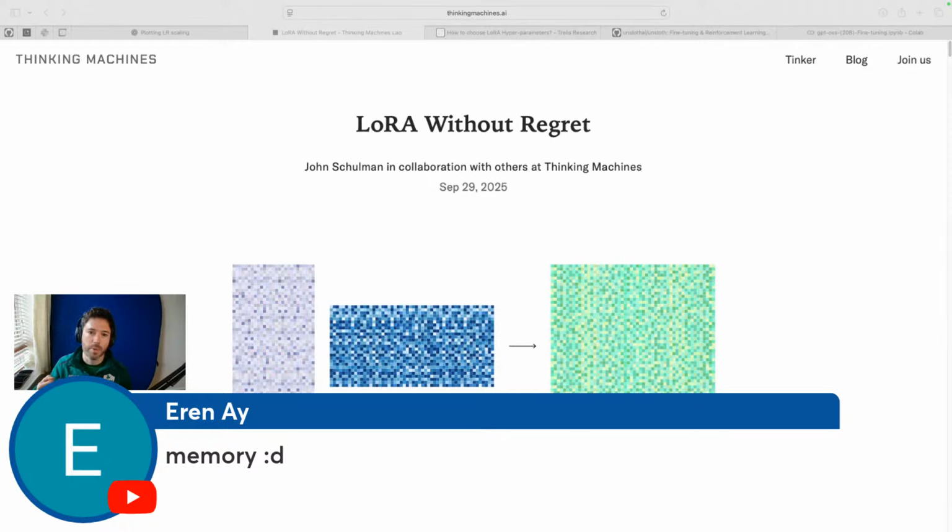You attach these two adapters, which together, when multiplied, would give you a matrix the same size as the original matrix you're training. But these two adapters alone, although it doesn't look like it on this screen because they've made the adapters quite big, would typically have a lot fewer parameters than the matrix you're originally training. So you save a lot of memory. Memory is definitely a big reason.